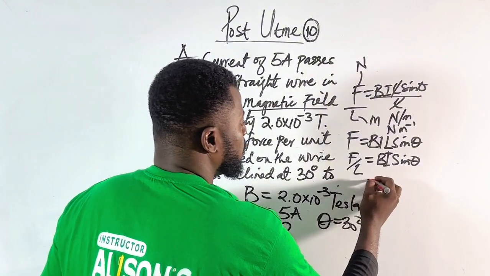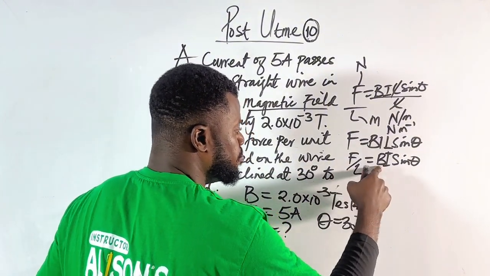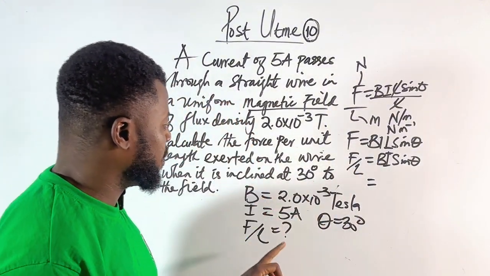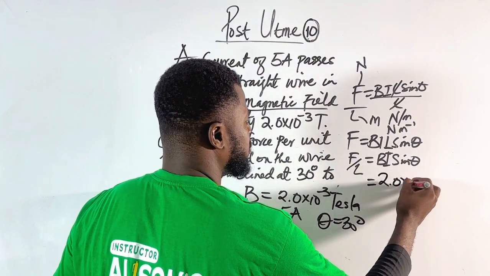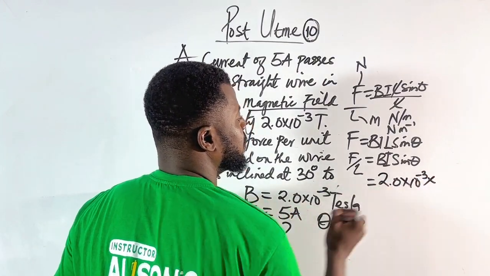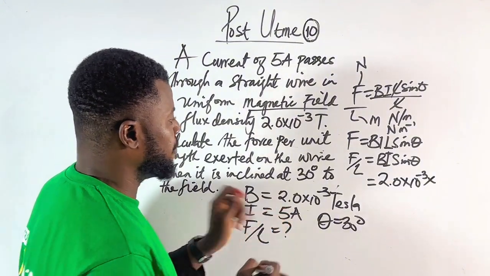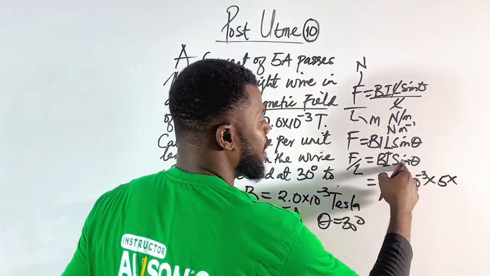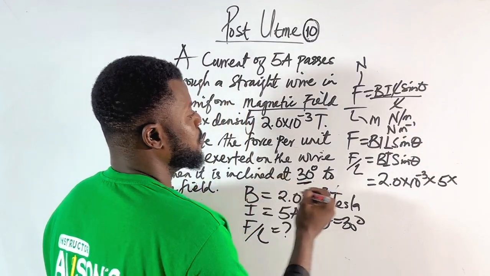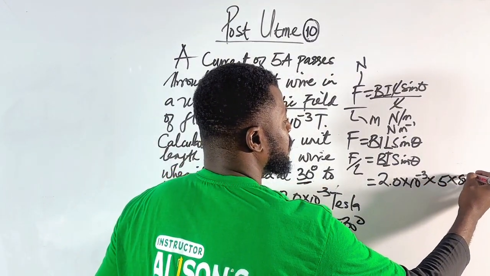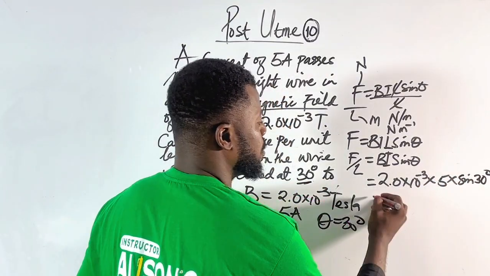So now, this force per unit length, B now be the magnetic flux density. See the value, 2.0 times 10 to the power of negative 3, times the current, now be 5 ampere, 5, times sine of the angle they give you. The angle now 30 degrees, sine 30 degrees.